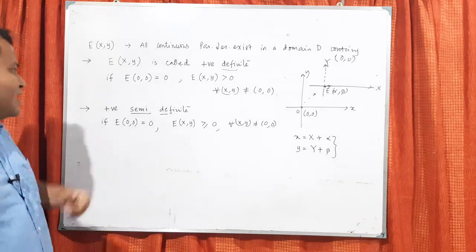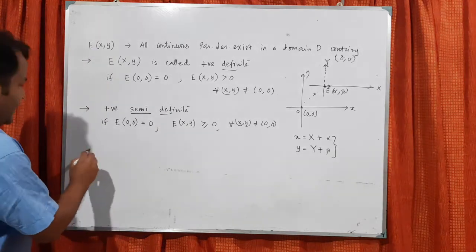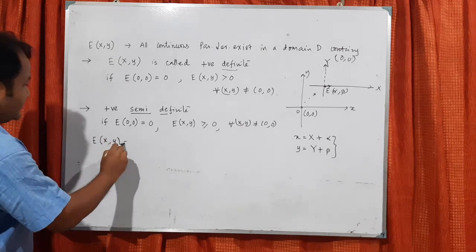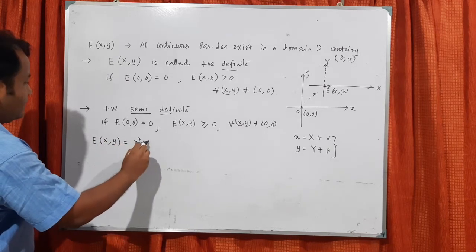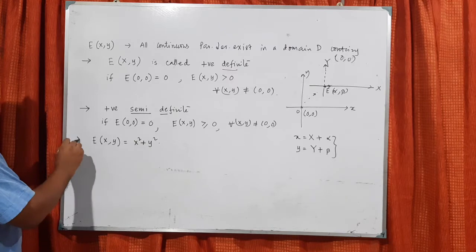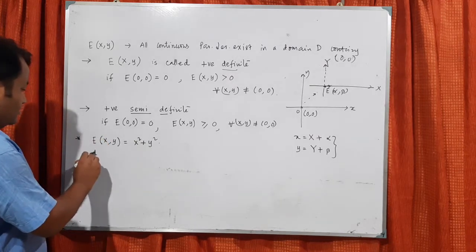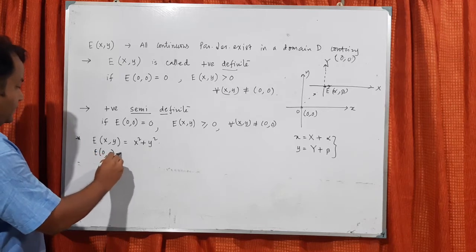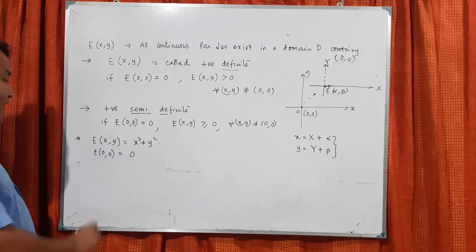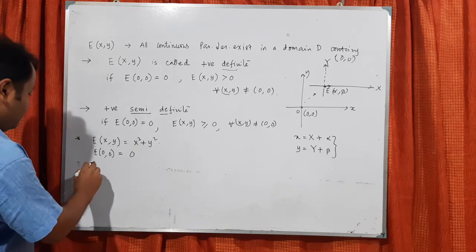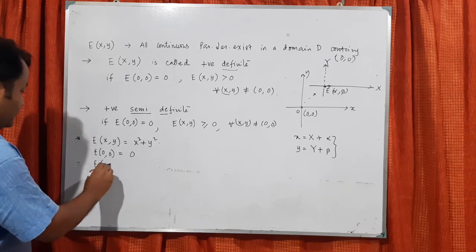Let me give an example. Say I consider E(x,y) equals x squared plus y squared. Now you see E(0,0) is 0, and for any remaining point except (0,0), it will be greater than 0.